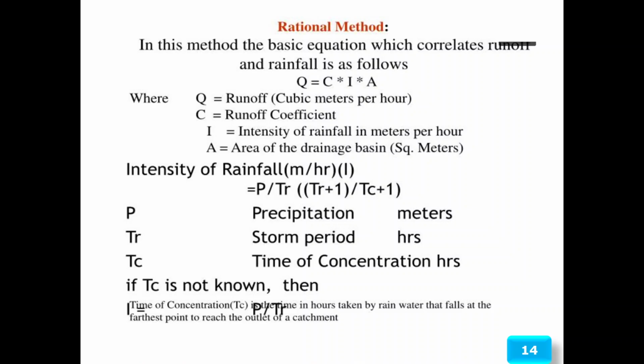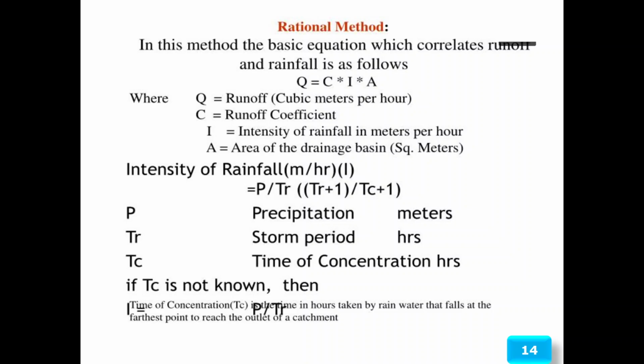The intensity of rainfall I is equal to P divided by Tr into (Tr plus 1) divided by (Tc plus 1), where P is precipitation in meters, Tr is the storm period in hours, and Tc is the time of concentration in hours. If Tc is not known, then I is equal to P divided by Tc.